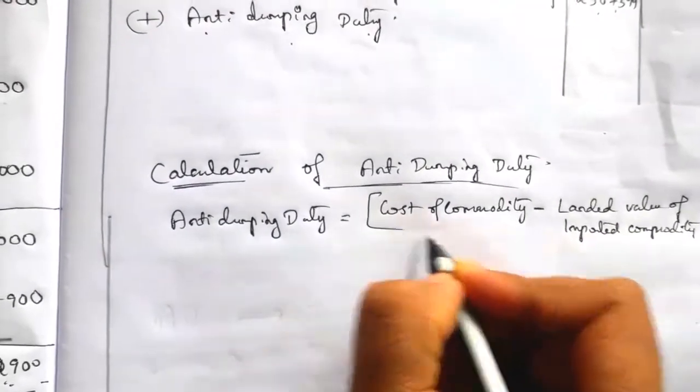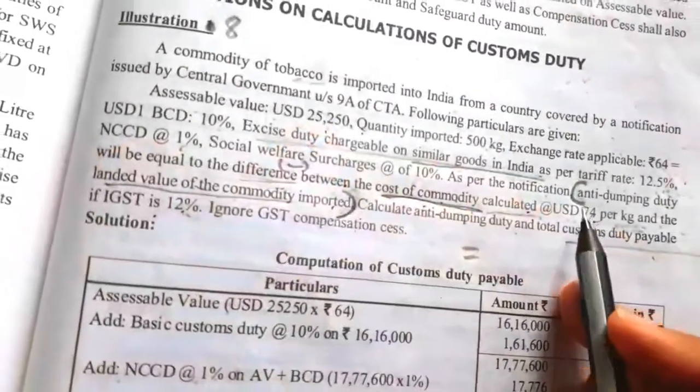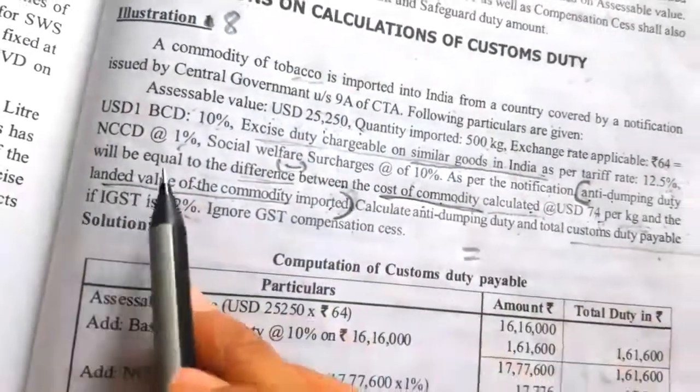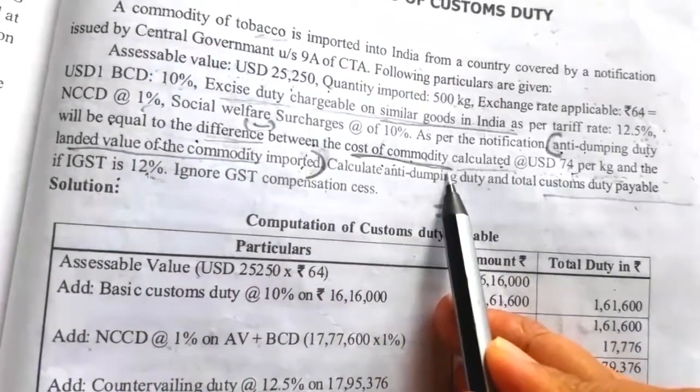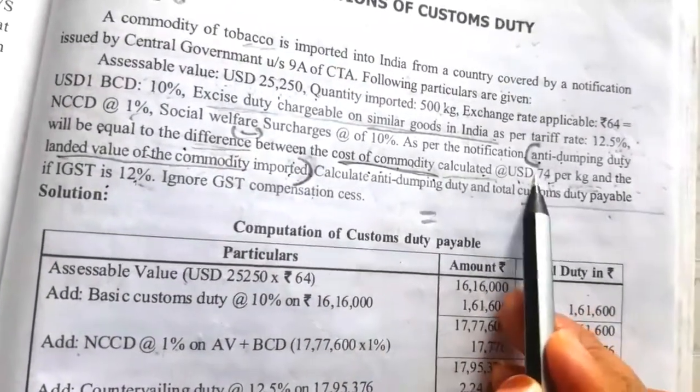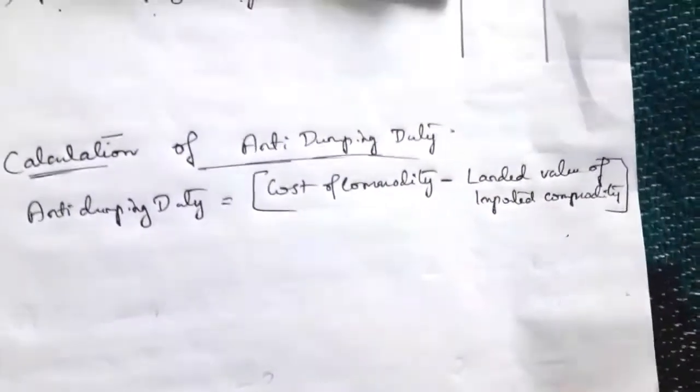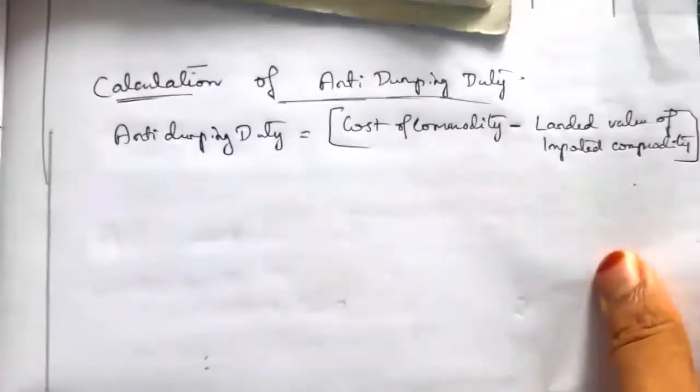So we have to take the difference. As per the notification, anti-dumping duty will be equal to the difference between the cost of commodity calculated as per this and the landed value of commodity imported. So this is the formula we have to use.